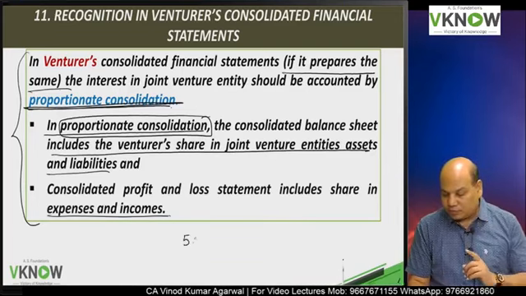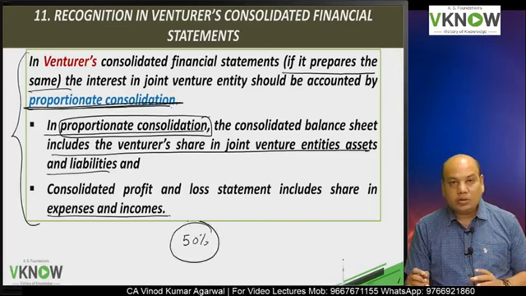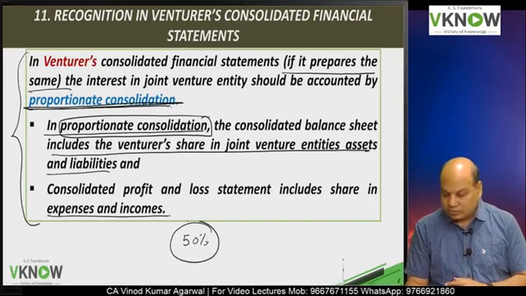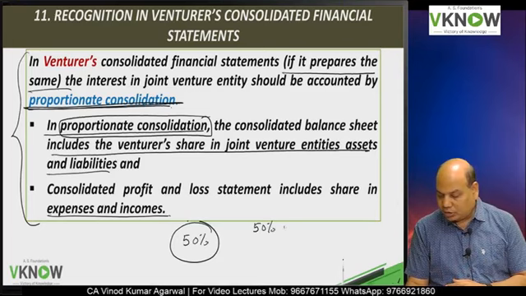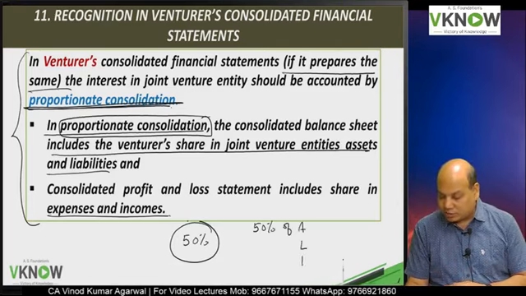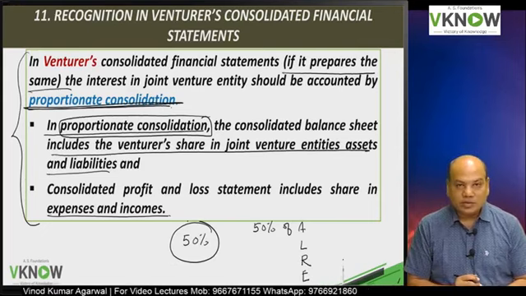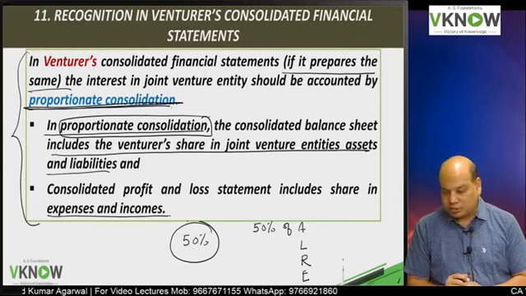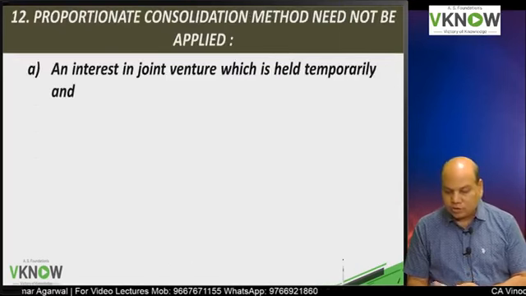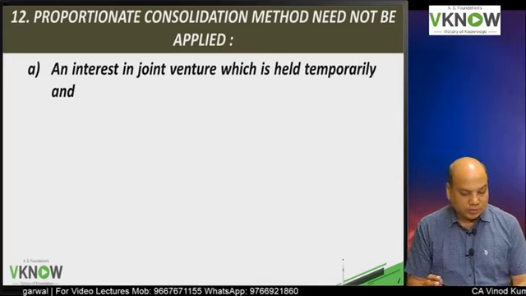That means if you are a 50% stakeholder in a joint venture, you will record 50% of assets, 50% of liabilities in the balance sheet, 50% of revenue and 50% of expenses in the profit and loss account. That is called the proportionate consolidation method.